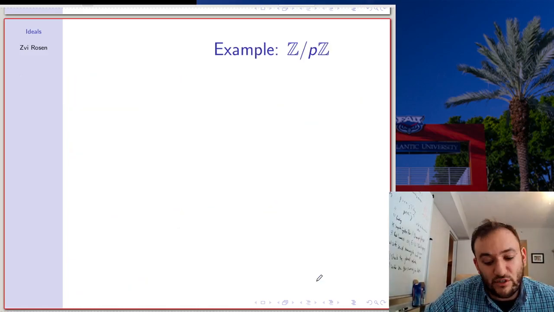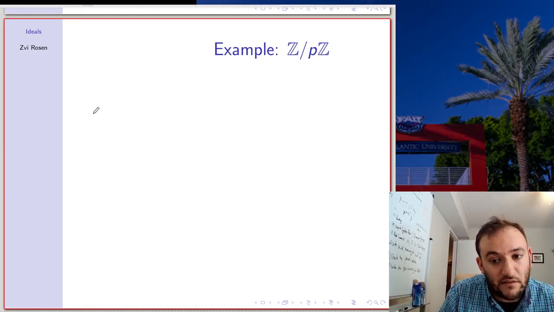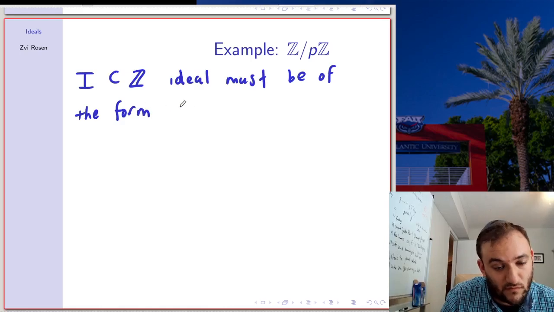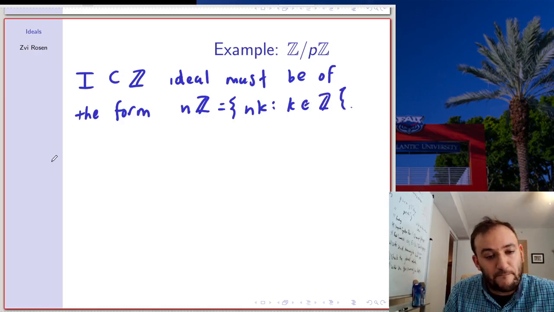Okay, so let's look at some quotients by maximal ideals. The simplest one to talk about is Z mod pZ. So we know that the ideals of the integers are of the form nZ. So we take multiples of some n. So an ideal I in Z must be of the form nZ, in other words, the multiples of n for some fixed n.